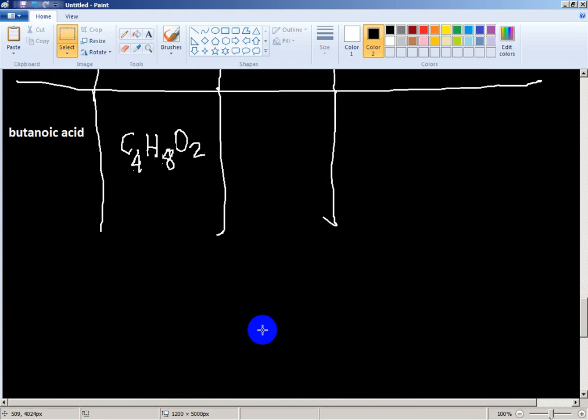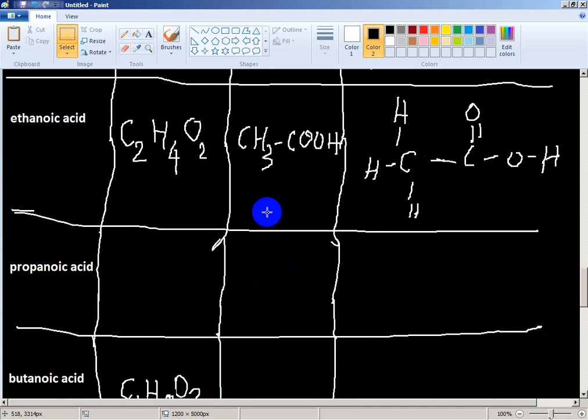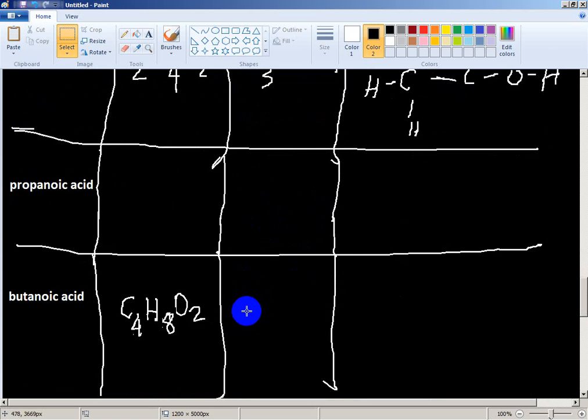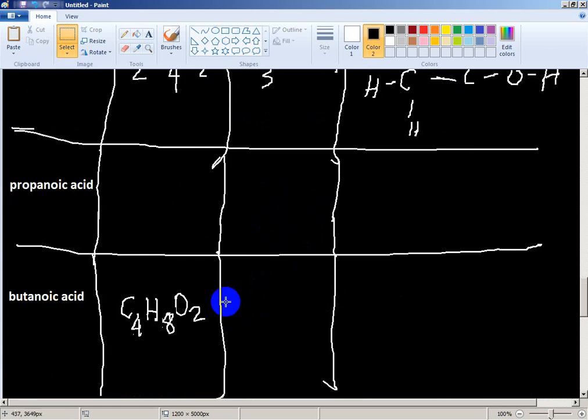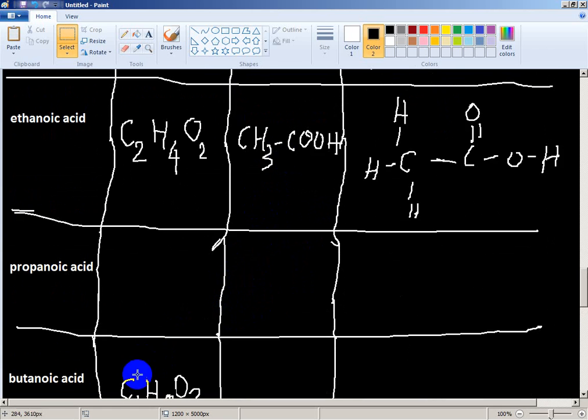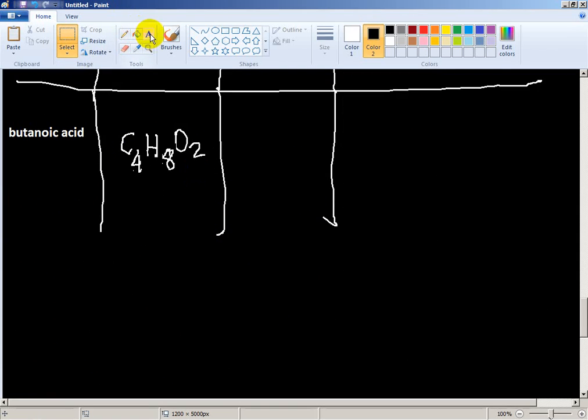Now I write the structural formula. Each compound differs by a CH2 group. Here there are 4 carbons. First I write the functional group, COOH, which is 1 carbon.